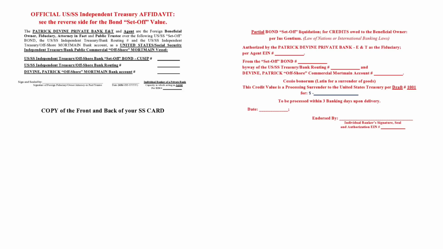Everybody was having problems trying to get that Direct Express debit card. Well, now when you send one of these in, you request that the amount you're requesting be deposited into a Direct Express card, and the Direct Express card is issued to you.